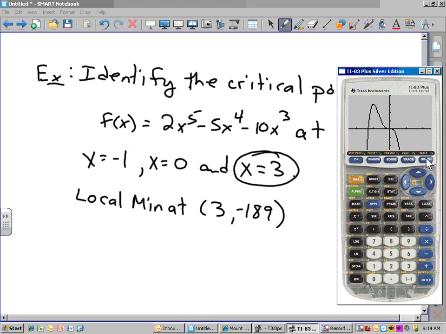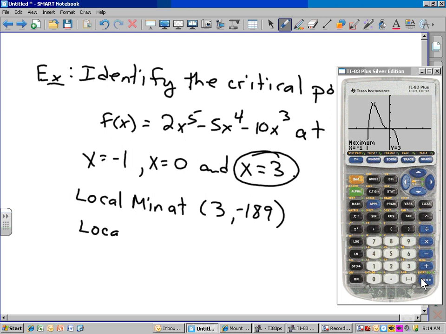There we go. All right, so we can see that max now. Let's calculate it. Second trace, maximum. Okay, let's get that X over there. To the left of that, enter. To the right, enter, and hit enter on the guess. Very good. Local max at -1, 3.